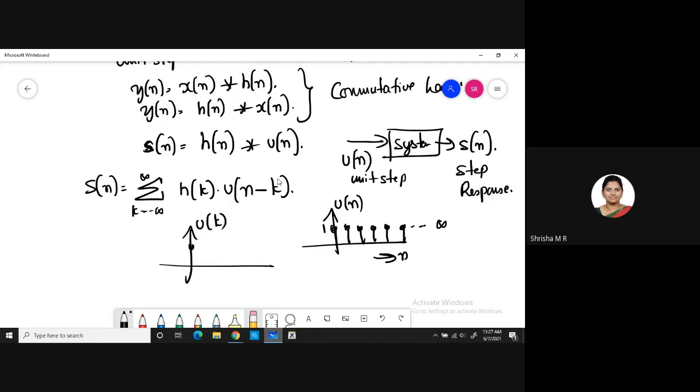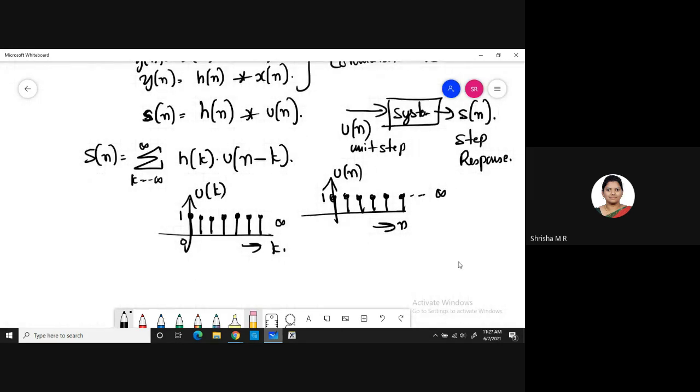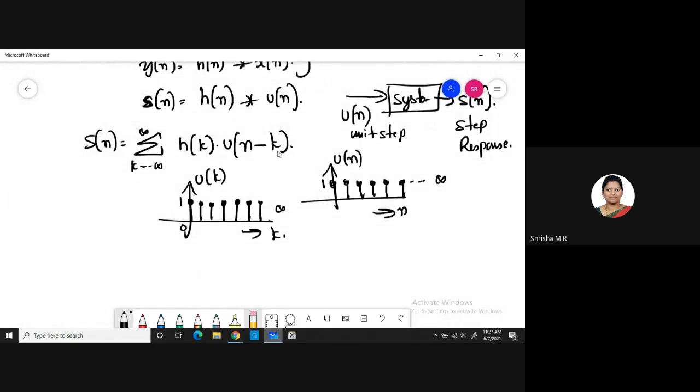U of k is a signal which exists from 0 to infinity with an amplitude 1. So u of n minus k means from where to where will the signal exist? Here our x-axis is k. Always in convolution sum, your x-axis will be k. Remember that. This is just for your reference. We are replacing n with k, that is u of k, because our x-axis is k. So you check u of n minus k from where to where it will exist.